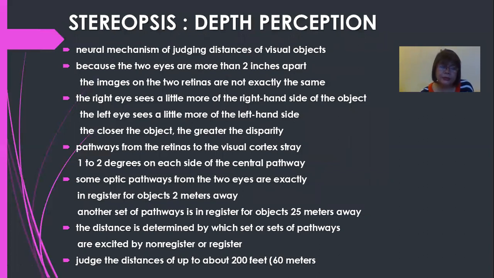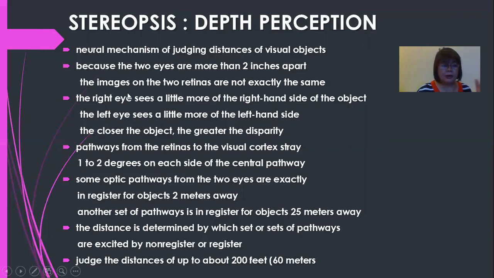Stereopsis or depth perception is seeing objects at different distances. Okay, the neural mechanism of judging distances of visual objects is called stereopsis. Okay, because the two eyes are more than 2 inches apart here, the images on the two retinas are not exactly the same.